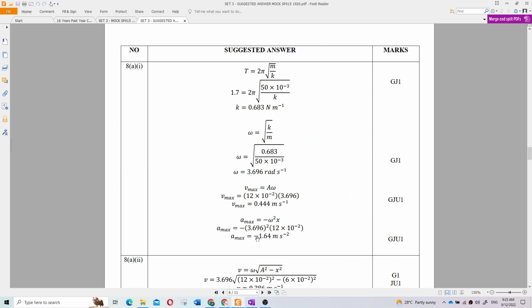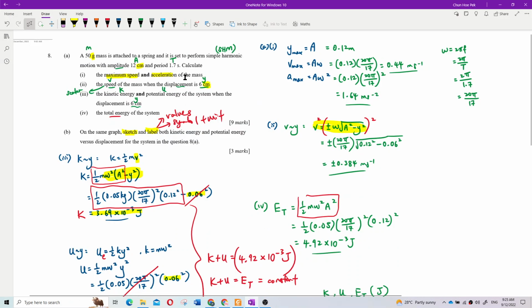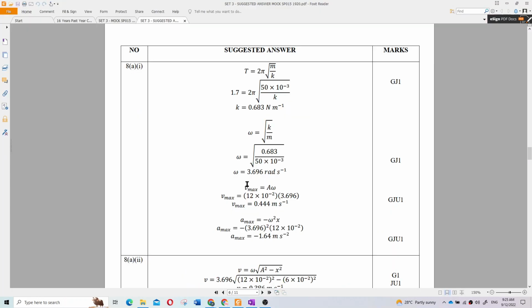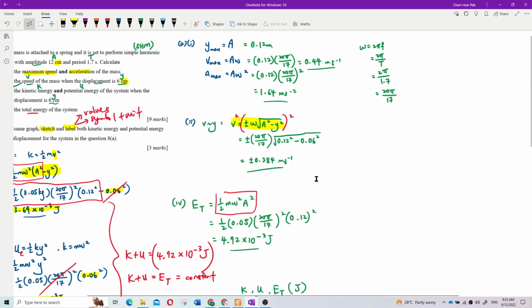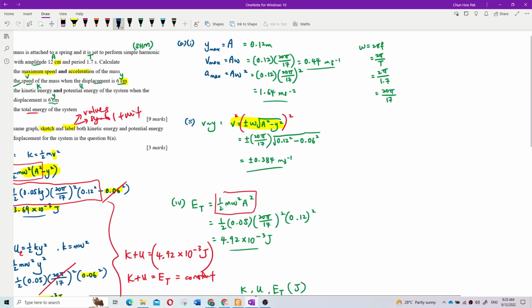Acceleration maximum negative. Actually, no need for negative. Because for maximum acceleration, it is just the magnitude. Acceleration can be positive or negative depending on where the block is.